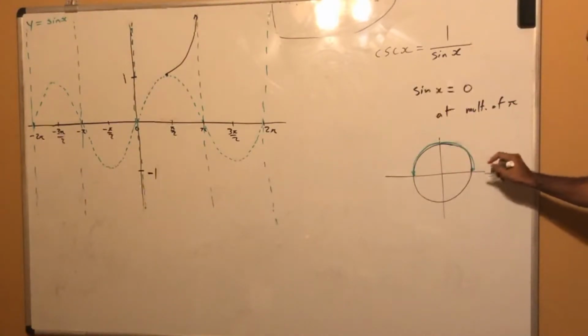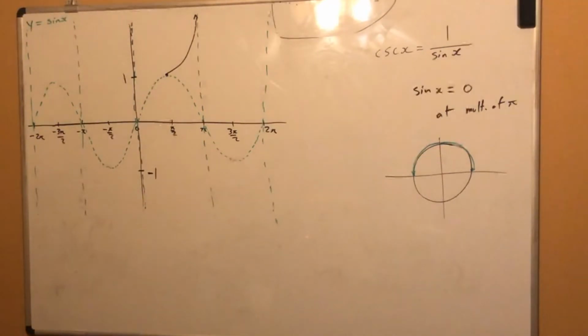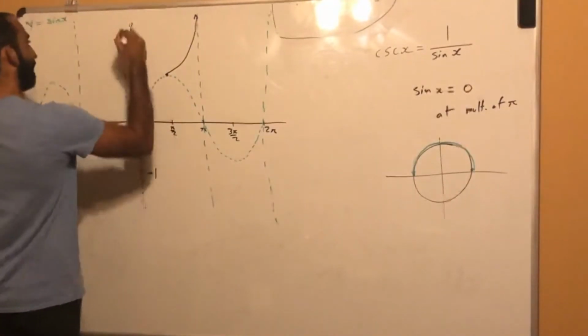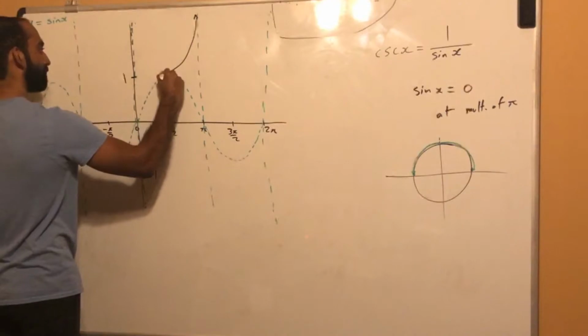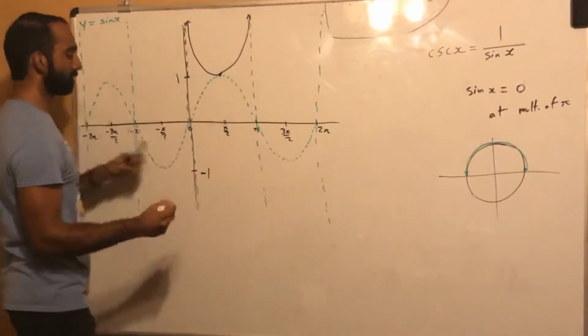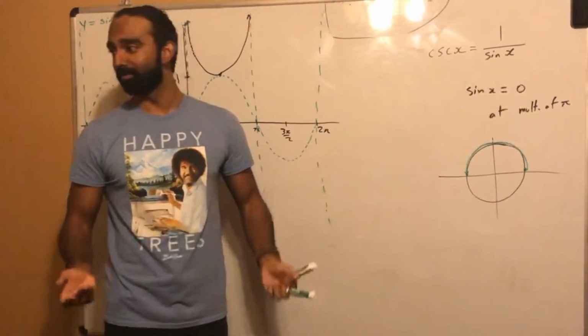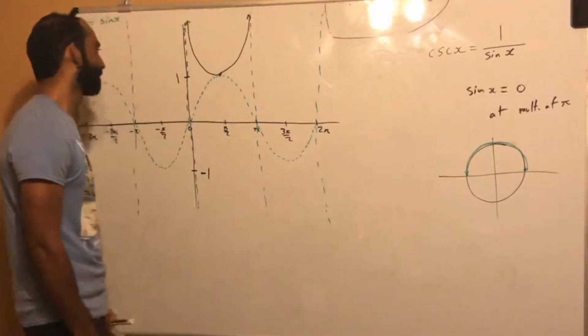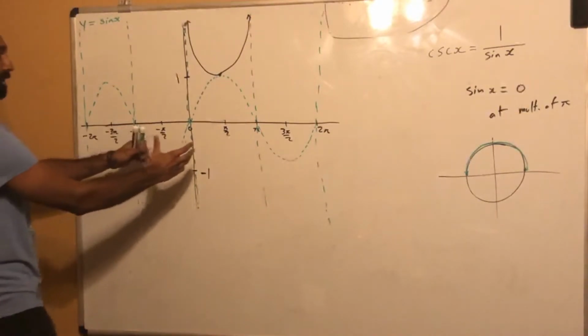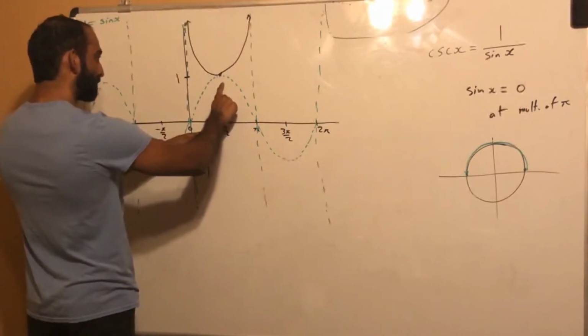If I'm at a point right here, my y coordinate is positive or negative? Positive. So I'm up here again. So I get this nice upward facing U. It's a happy U. It's a happy tree. So for this little segment, I got a nice U with a minimum value that was the max value of sine.